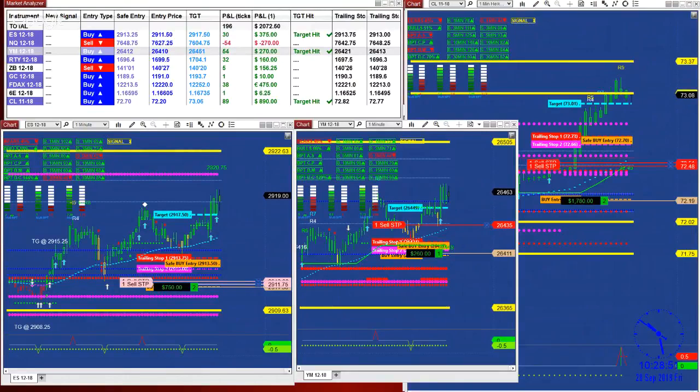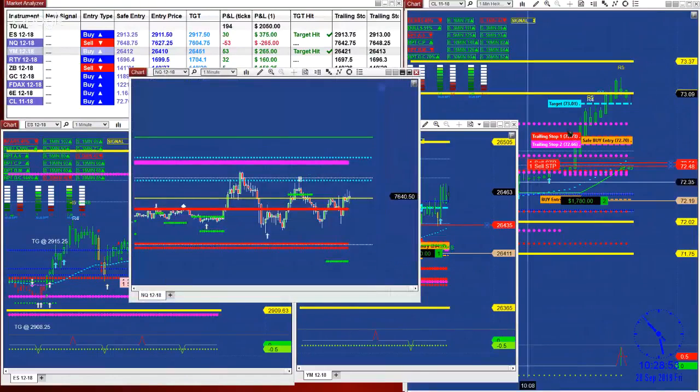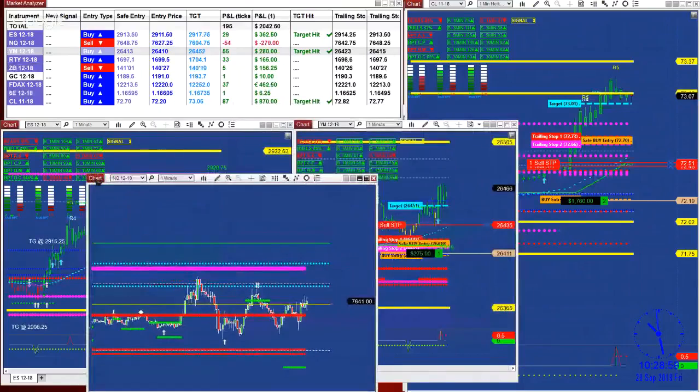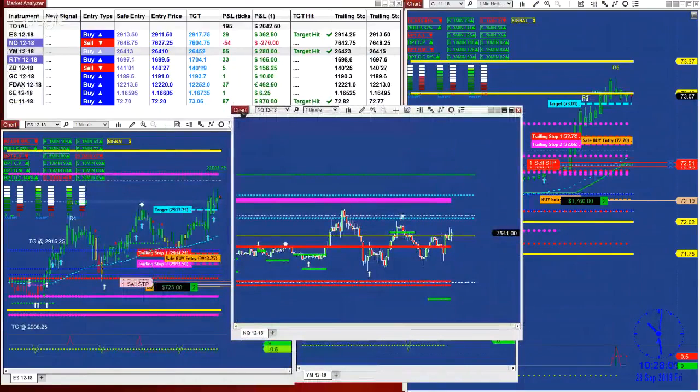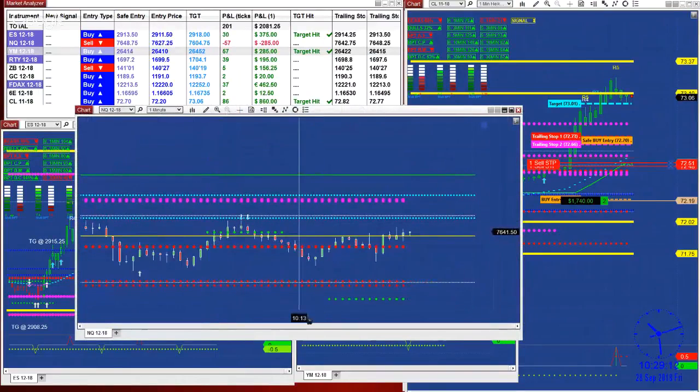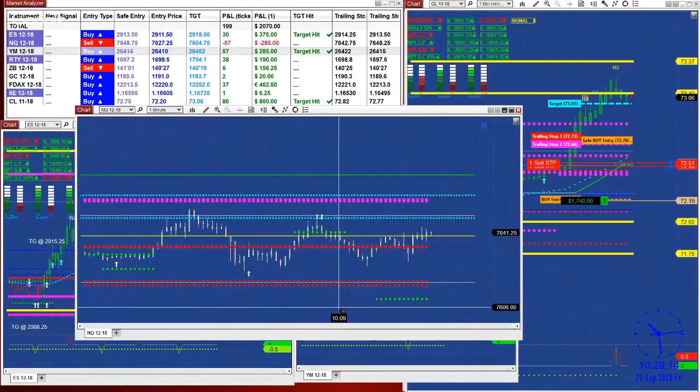I thought there was some problem with the data, because the ES is moving, CL is moving, YM is moving, and Nasdaq is not moving. So there are no trades with it. There are certain days where that market will not give you money. As simple as that.